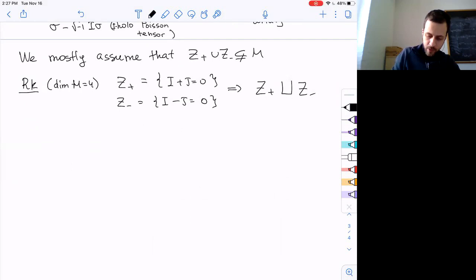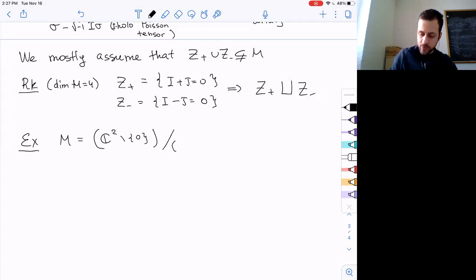So maybe let me give a couple of examples of the structures we're talking about, just to show that these structures exist. If you take as your manifold C2 minus the origin, and you quotient it by a contraction, and I'll choose the simplest contraction, when you identify the point z with the point 2z.